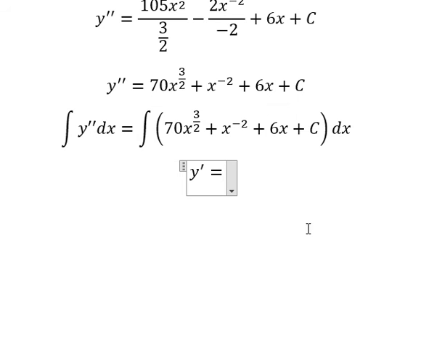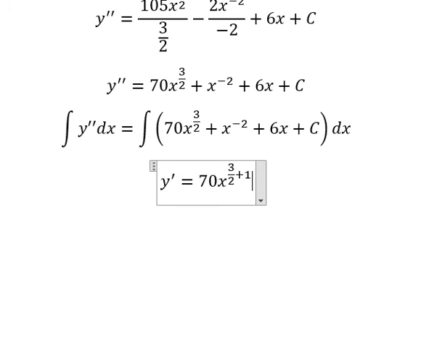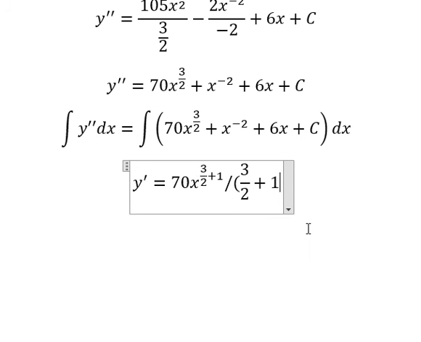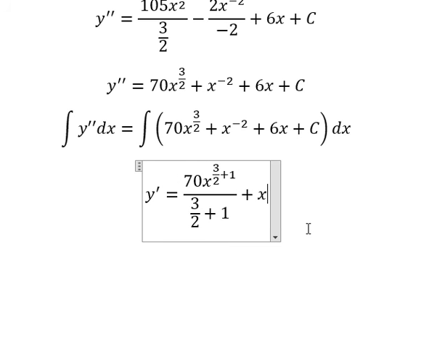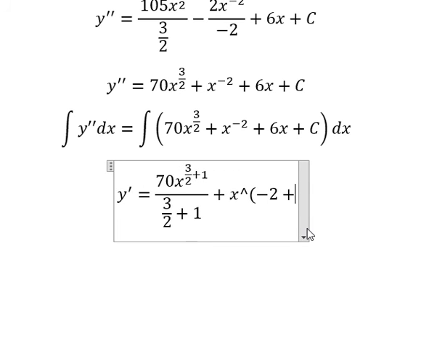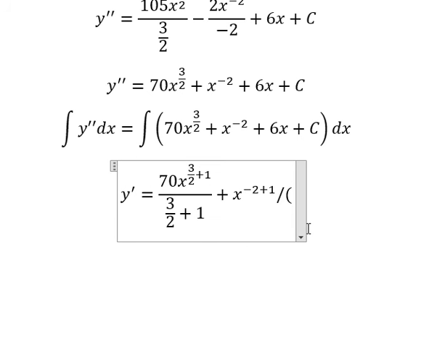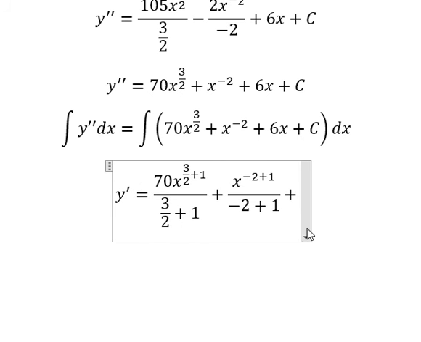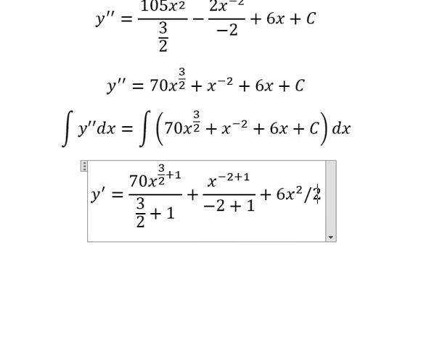So this one we have s to the power of 3 over 2 plus 1 over 3 over 2 plus 1 plus s to the power of negative 2 plus 1 over negative 2 plus 1. And we have 6s squared over 2.